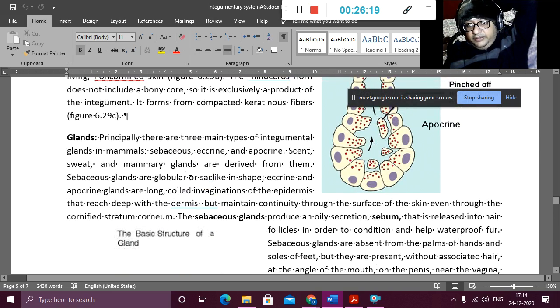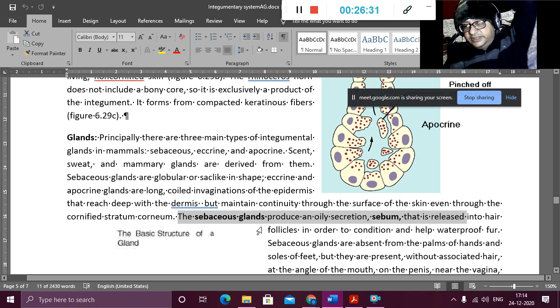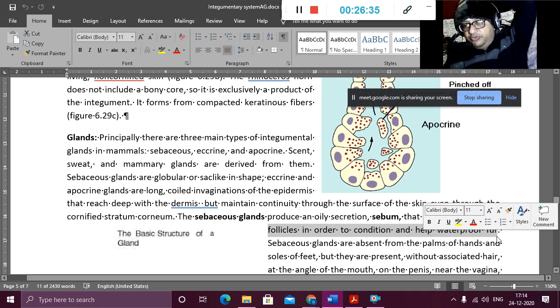So the sebaceous glands produce an oily secretion called sebum that is released into hair follicles in order to condition and help waterproof fur.